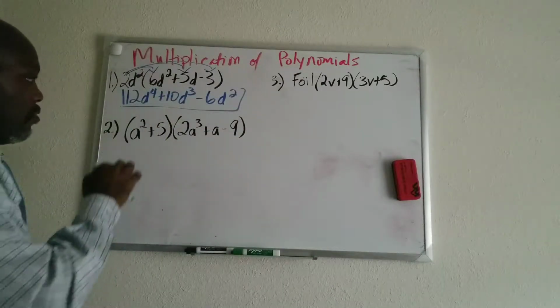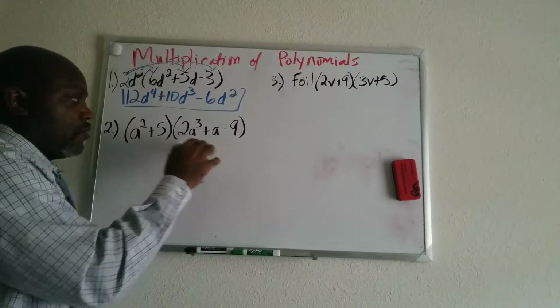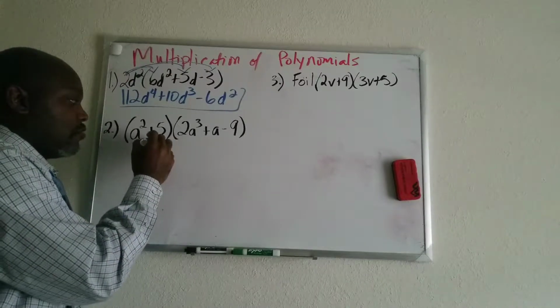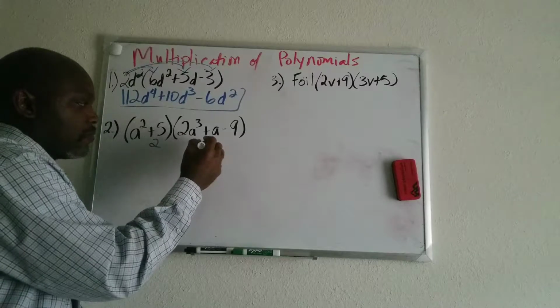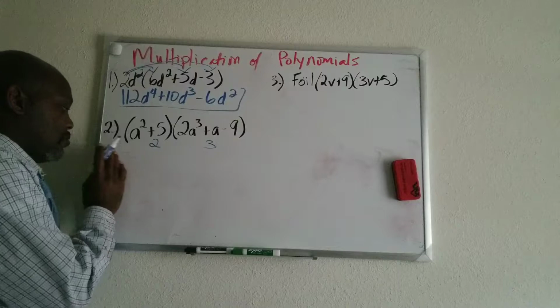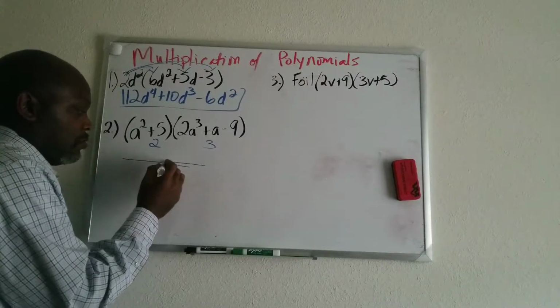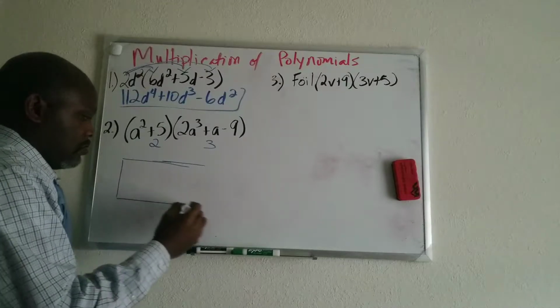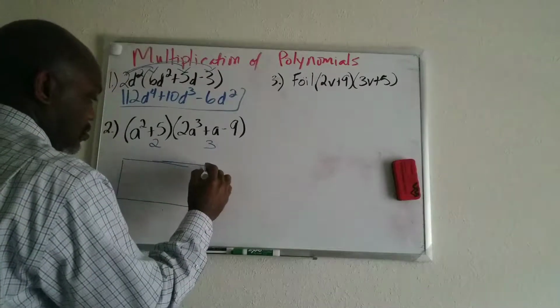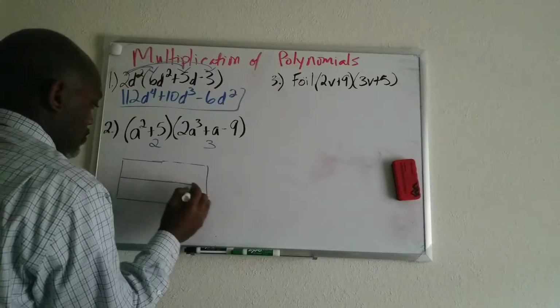All right. So then we are multiplying a binomial times a trinomial. What I like to do is to draw a 2 by 3 box. It's not perfection, but here we go.